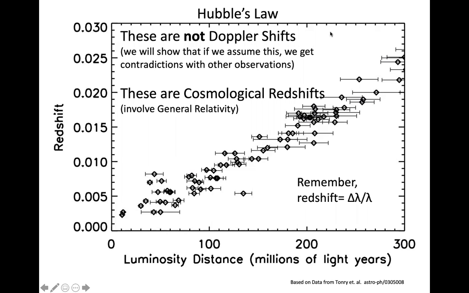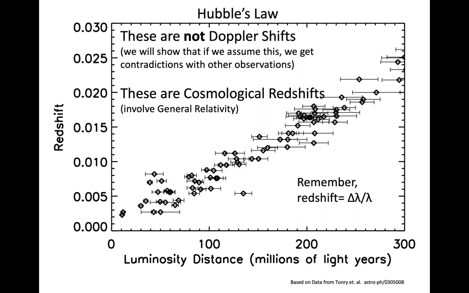Okay, so hi everybody. Today, what I want to talk to you about is how we interpret this plot, which shows the redshift of a galaxy as a function of its distance away from us. And this is an important plot because it connects two very different parameters of galaxies: the distance they are away and something about the properties of their light.